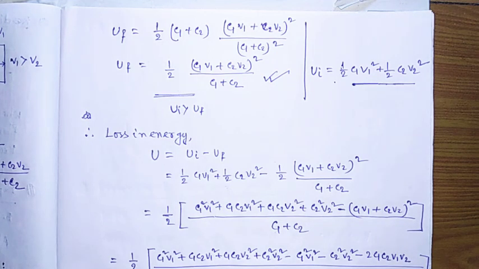Okay, so now C1 square V1 square cancels, and C2 square V2 square also cancels.